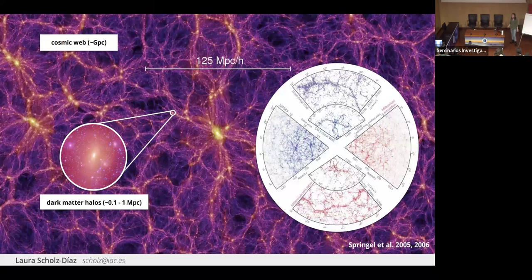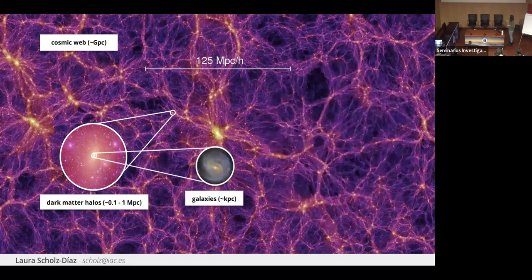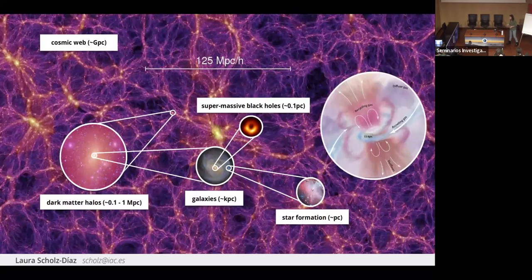But of course, if we want to understand galaxies, we cannot only have dark matter and only dark matter halos. So in the centers of these halos, as I was saying, we have galaxies, and the scales that we are measuring are very different. So these halos are in megaparsec scales, galaxies, the visible components, around kiloparsec scales. Then within these galaxies, we have a complex variety of baryonic physics that is highly nonlinear and complex.